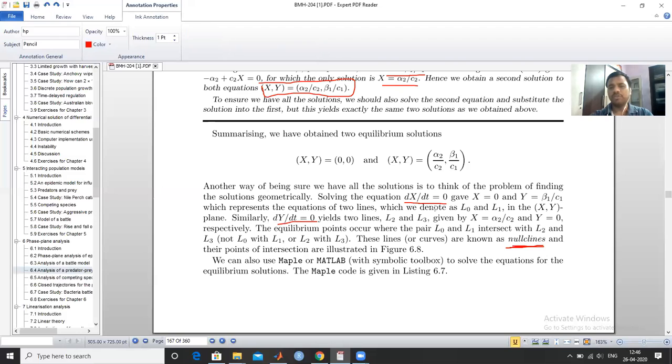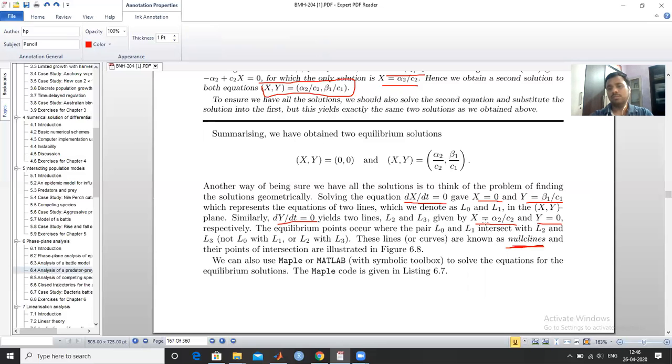If you put dx over dt equal to 0, you get x equal to 0 and y equal to beta 1 by c1. X equal to 0 represents the y-axis, and y equal to beta 1 by c1 is a constant, so y equal to c is a line parallel to the x-axis. Similarly, if you put dy over dt equal to 0, you will get x equal to alpha 2 by c2 and y equal to 0.